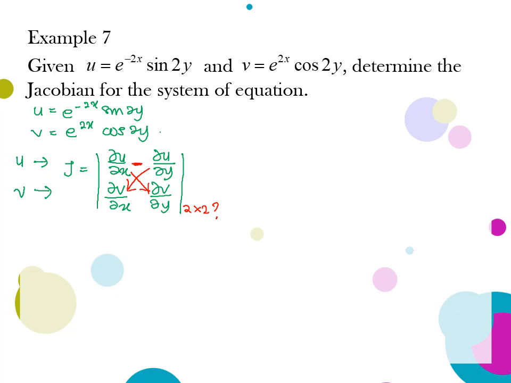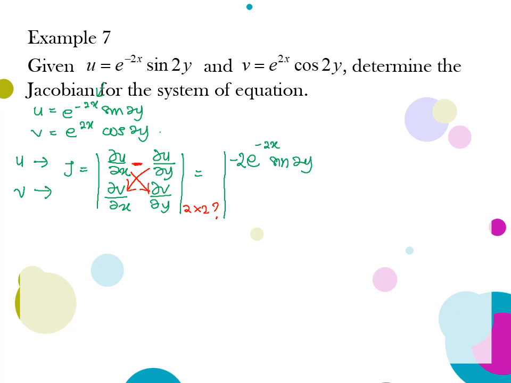Let us proceed to find the partial derivatives of our function. Del u del x: look at u here and concentrate on x only, treat y as a constant. You will get exponent negative 2x, differentiate negative 2x, you will get negative 2, and sine 2y will be your constant, so just remain the position of sine 2y because it is multiplication.